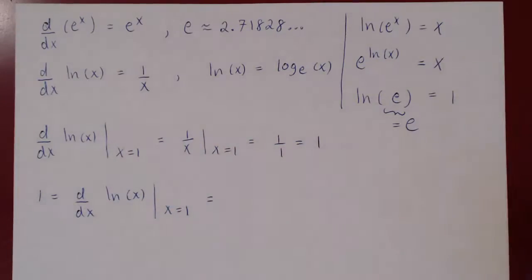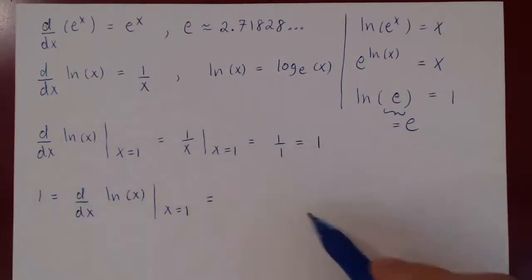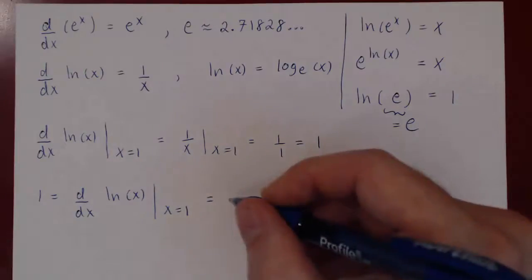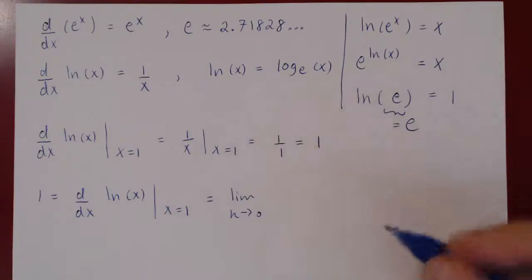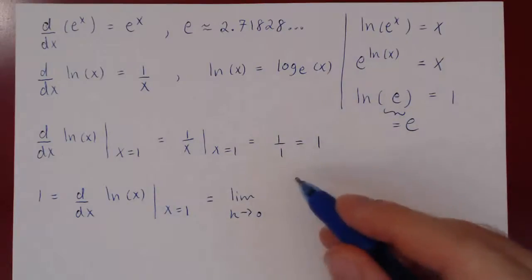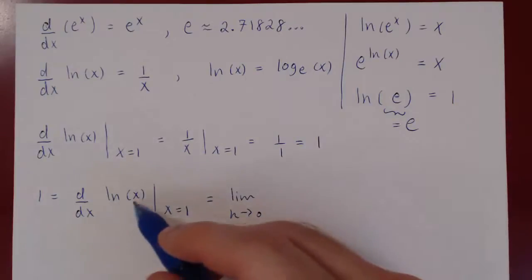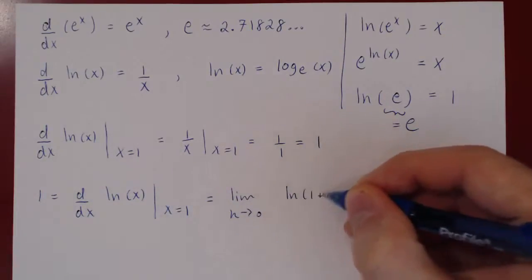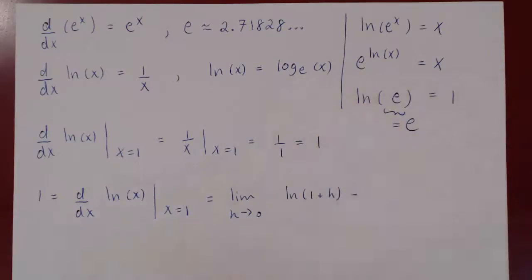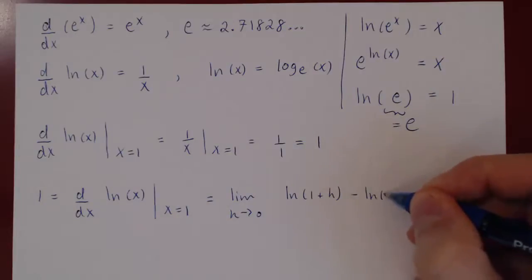And now let's find the derivative, I should say, from the definition of the derivative. So we'll have to let h approach 0. We know normally we have f of x plus h, but x is 1, so this will be f of 1 plus h, so ln of 1 plus h, minus f of x, but x is 1, so that's minus ln of 1.